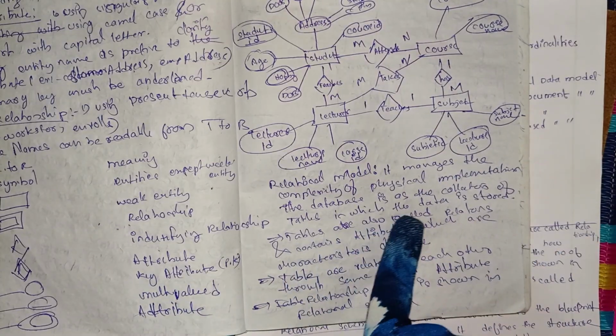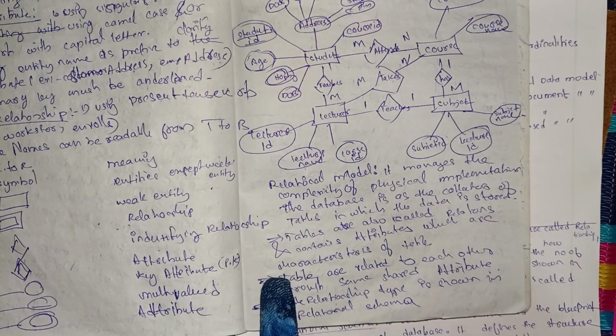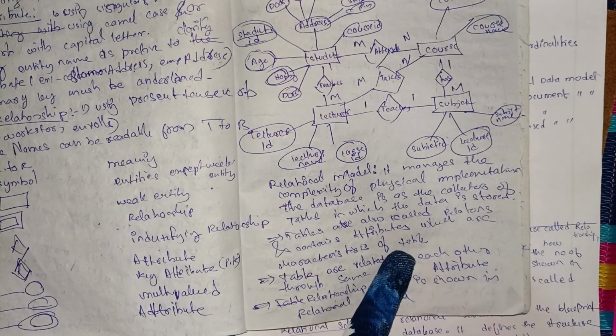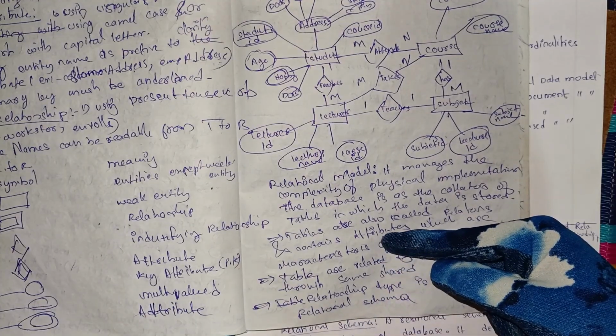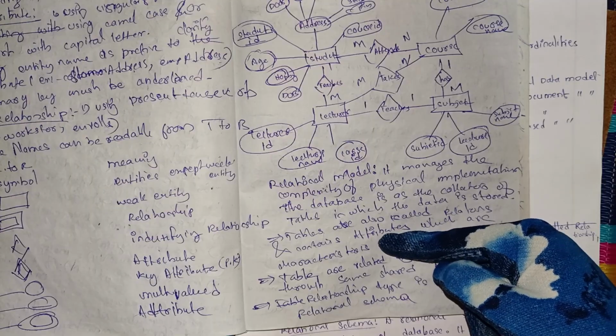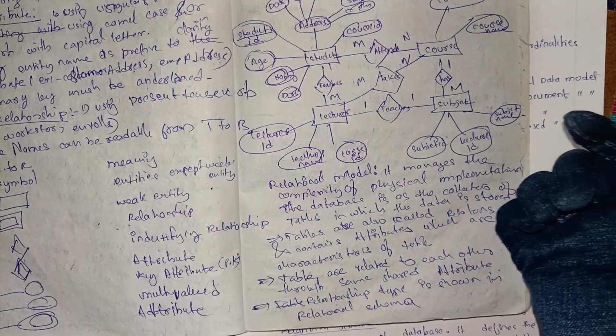Tables are also called relations, and they contain attributes, which are the characteristics of a table. Here attributes mean properties of entities. An entity is the real-world thing about which we want to give information.